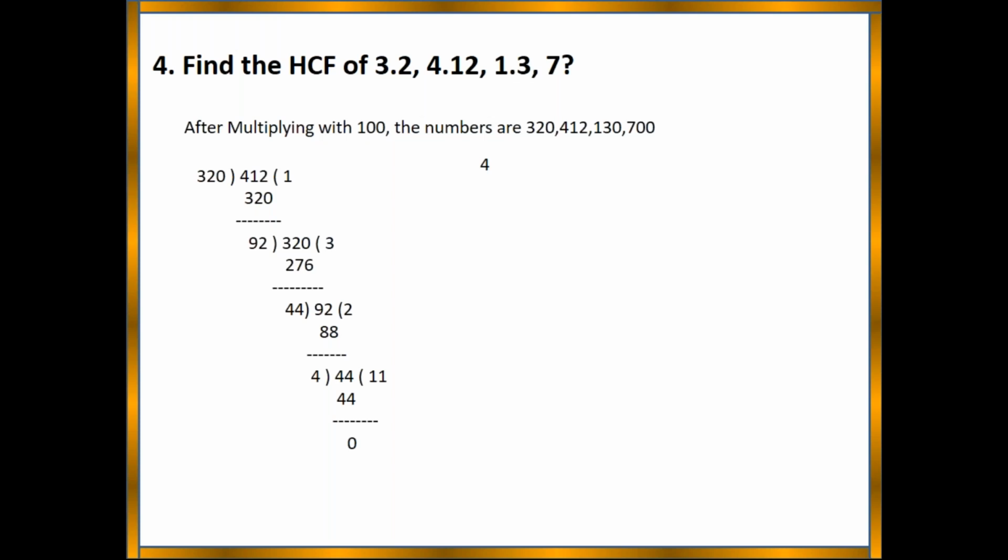So if the remainder is 0, the last divisor 4 acts as the GCD for only two numbers, 320 and 412. But we have the third and fourth numbers also. You have to check whether 4 divides 130 or not. 4 times 32 is 128.